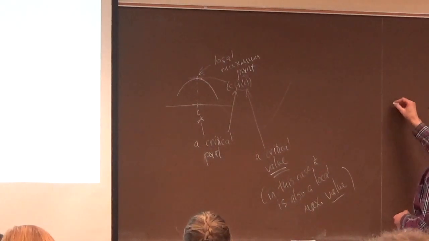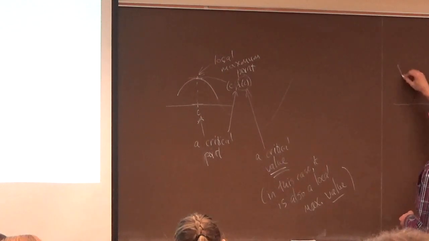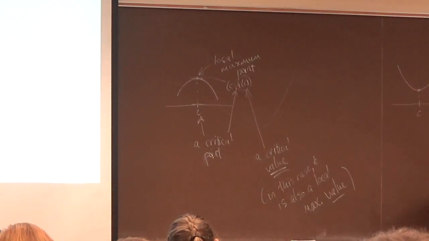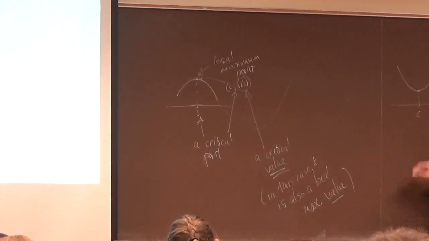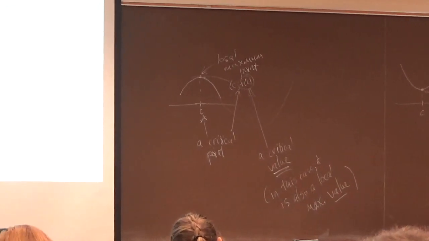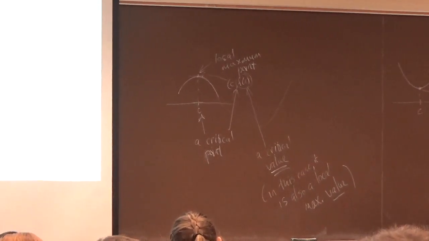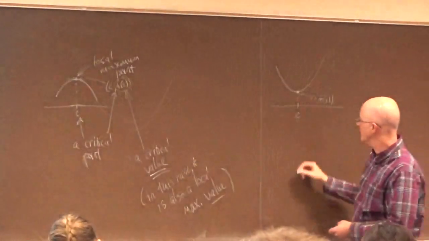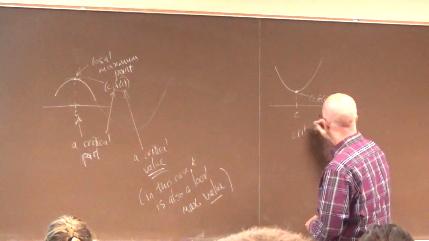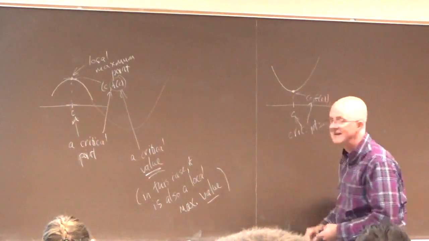We can switch the diagram around. We can have a low point. That would be a local minimum. C is still a critical point. And so is this point, as a point whose coordinates would be C, comma, f of C. These would still be critical points. I'll say it again.